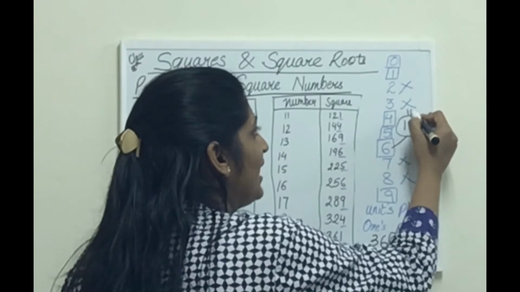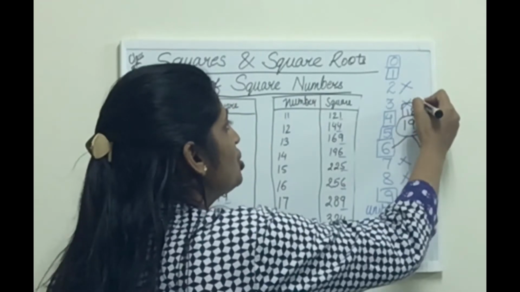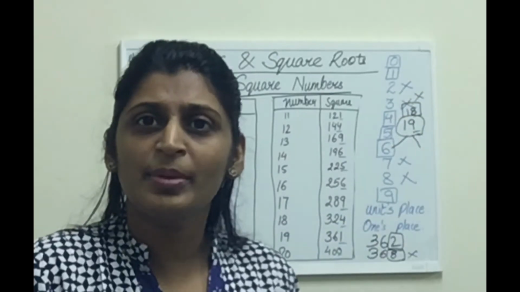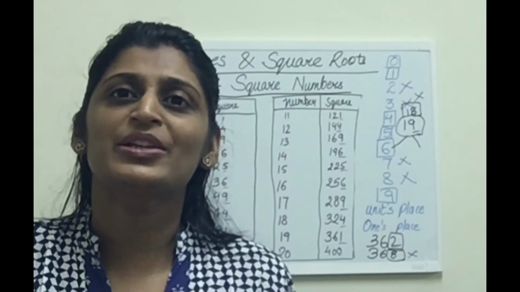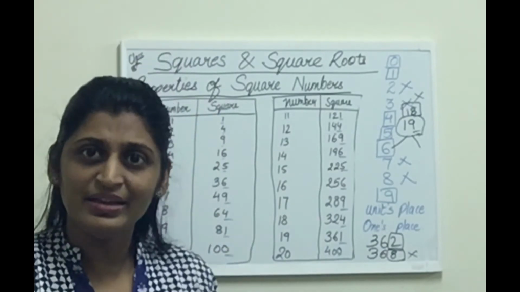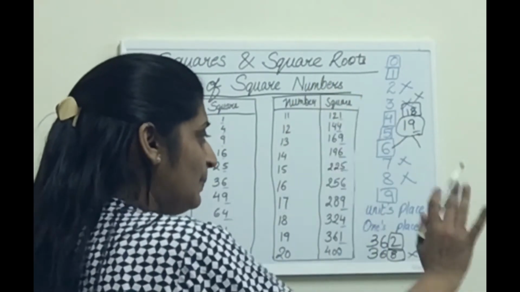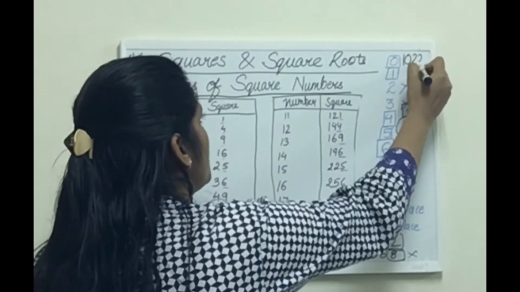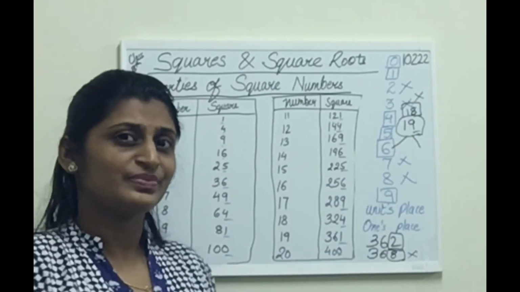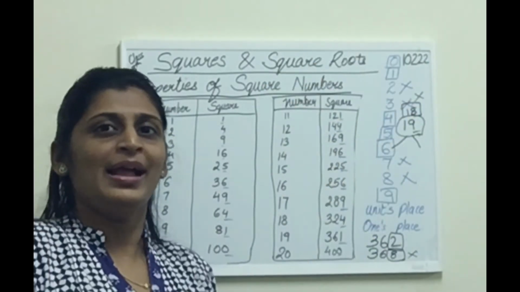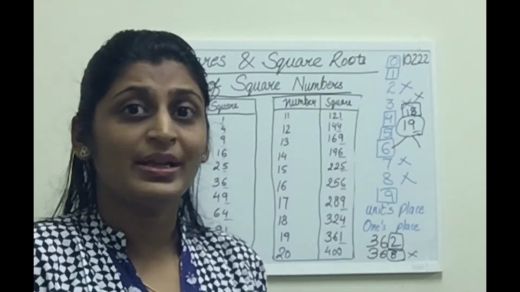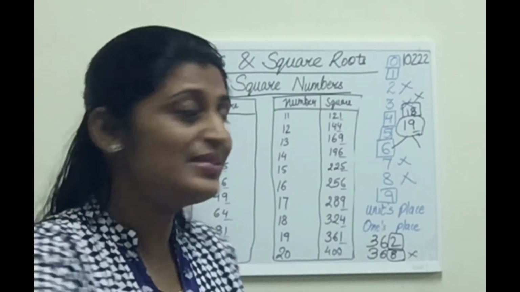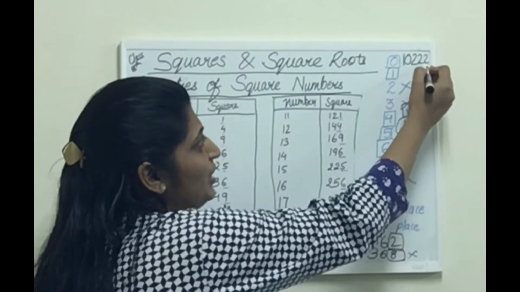But if instead of 19 it would have been 18, you can surely, damn surely you can say no, it is not a perfect square. Why can it not be a perfect square? Because 8 cannot be at the units place of a perfect square. So if anybody gives you a number like 10222 and asks you, okay, I give you 5 minutes to solve whether it is a perfect square or not, now you are a smart child, you know the property of square numbers, you will say in a fraction of a second, I don't need 5 minutes.